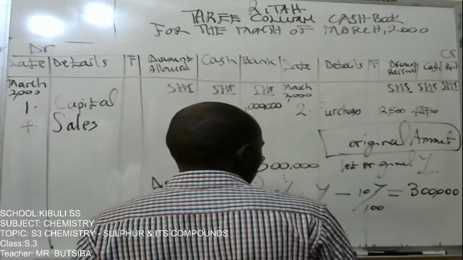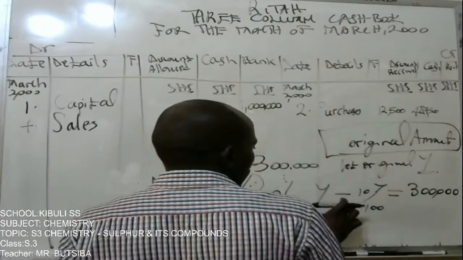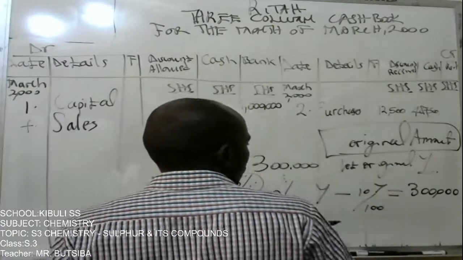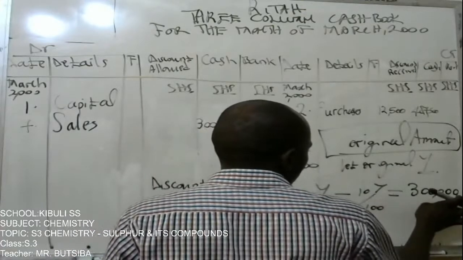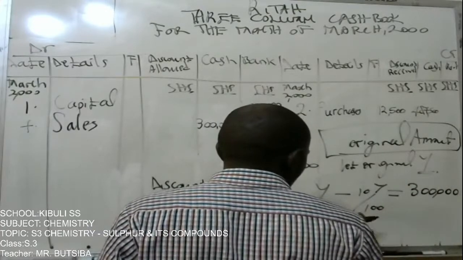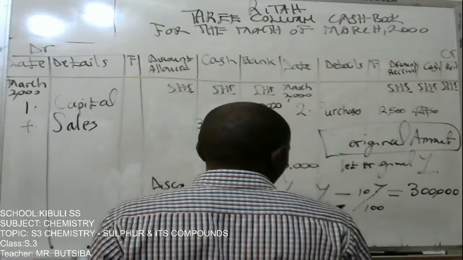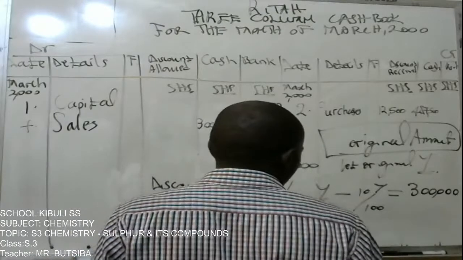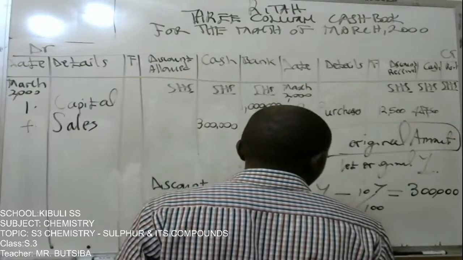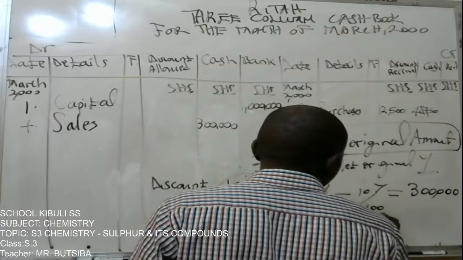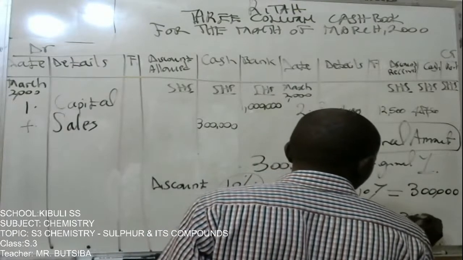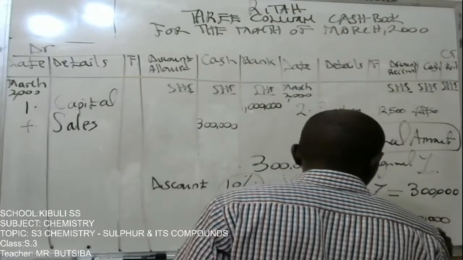If the original amount is y, when you subtract 10% of y, which is the discount, we received 300,000. So when you get the LCM, which is 100, you have 1 now. So this will be 100y minus 10y, everything over 100, which equals 300,000.